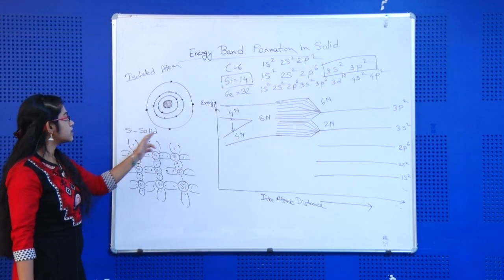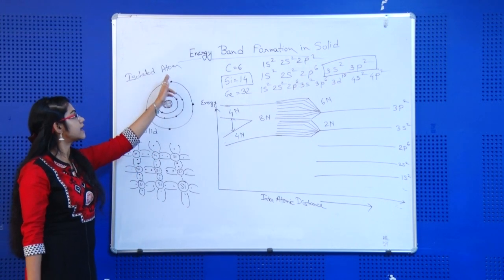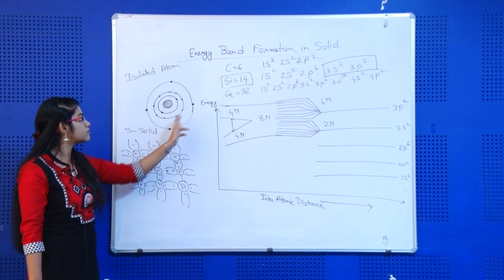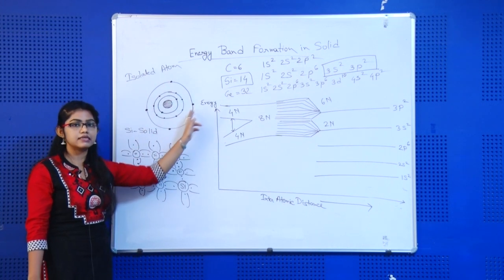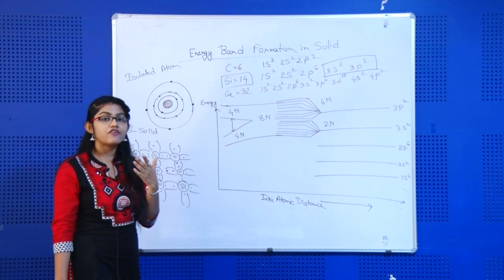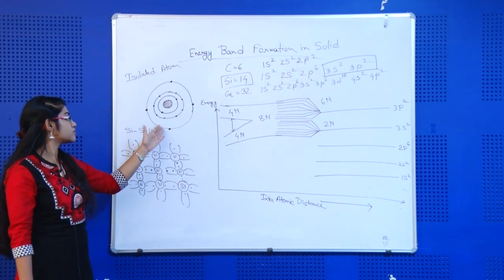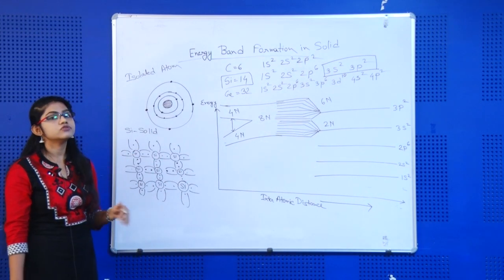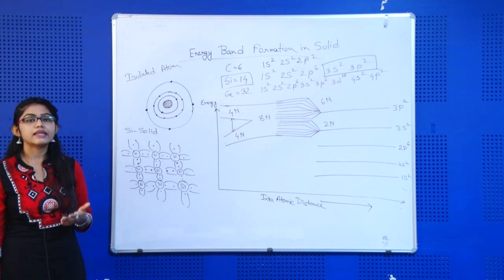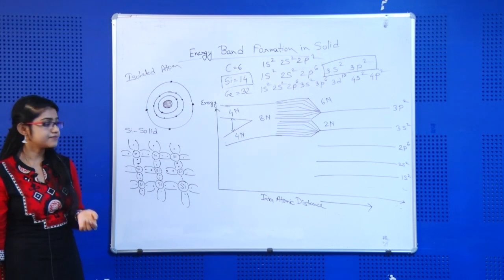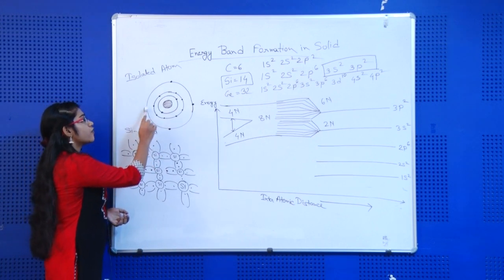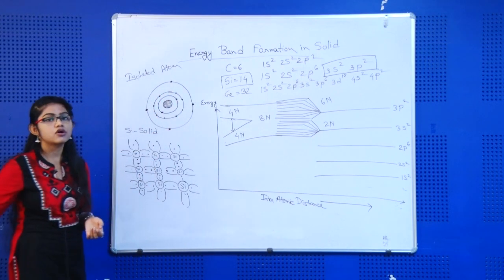In the isolated atom also we can see that in the outermost orbit there are 4 electrons. To complete the valency of this last orbit, this silicon atom should have 4 more electrons to fulfill its valency, but only 4 electrons are available in the last orbit.